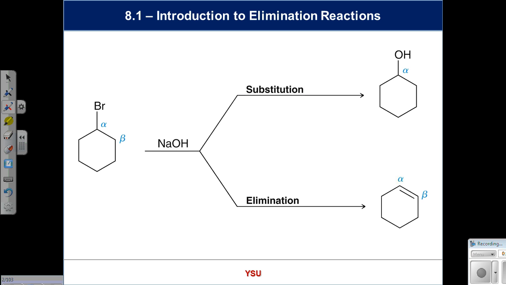Because I've just spent the best part of a week, maybe 4 lectures, telling you that if you treat an alkyl halide with a nucleophile, it will give you a substitution product. It will. There's my alkyl halide, there's my leaving group, there's my nucleophile, there's my substitution product.